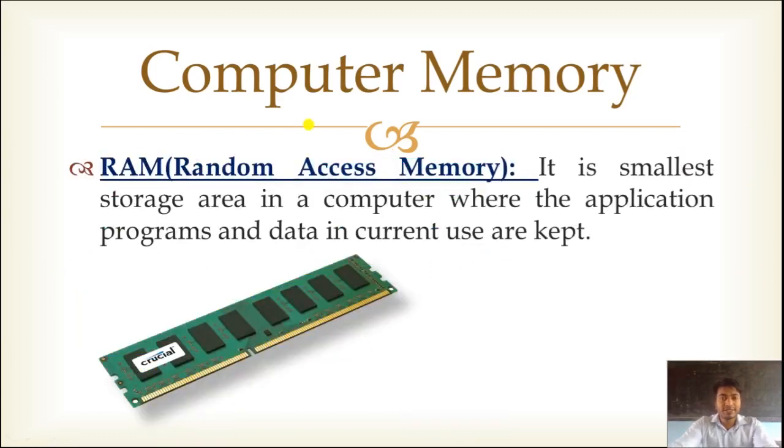Now let's discuss all memory devices one by one. First we have RAM. The full form of RAM is random access memory. This can be asked in your examination. What is the full form of RAM? Random access memory. Please learn. Now what is random access memory? It is the storage area in a computer where the application programs and data in current use are kept.